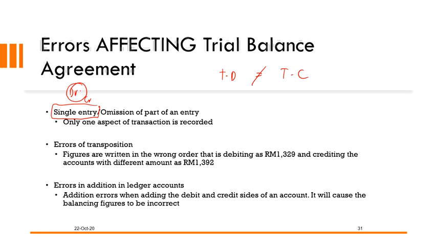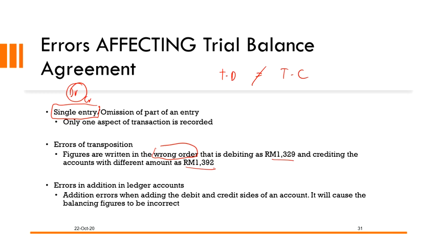Okay, second, errors of transposition. Maksud dia, figures are written in the wrong order. That is, debiting has 1329 and crediting accounts with different amount, 1392. Nampak tak?